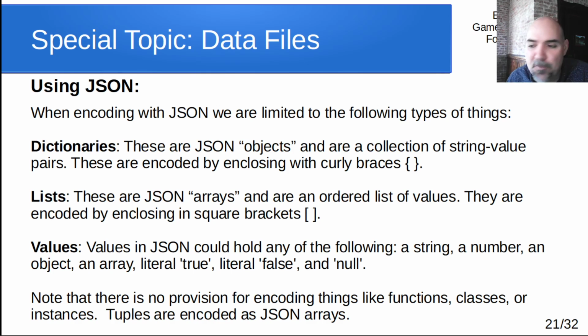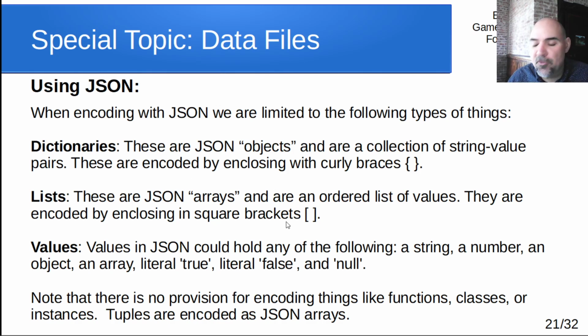Dictionaries work fine, and that's one of the workhorses of encoding stuff, whether you're using Pickle or JSON. Key value pairs: the keys have to be some object, the values have to be some object or a value. We can also make lists of things. And just like in Python itself, dictionaries use curly braces, lists use square brackets, and then values can be a string, a number, either an integer or a float, an object, meaning one of these things up here.